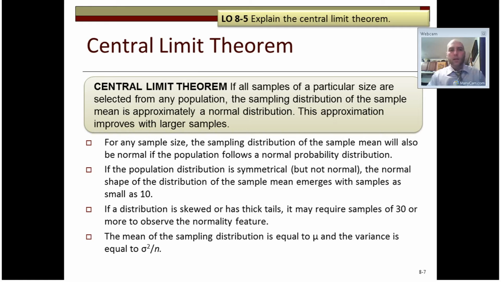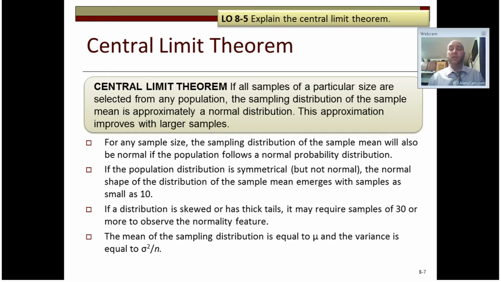For example, for any sample size, the sampling distribution of the sample mean will also be normal if the population follows a normal probability distribution. That is to say, in our previous example, we had 4 parent populations which were not normal.